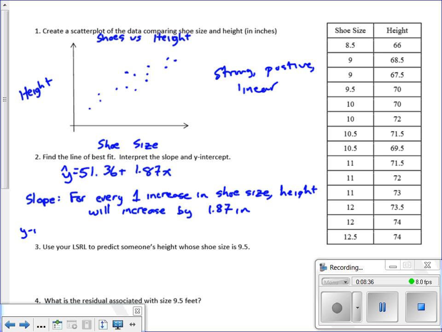My y-intercept tells me that for a shoe size of 0, when x is 0, the predicted height is 51.36 inches, and that has no practical meaning.